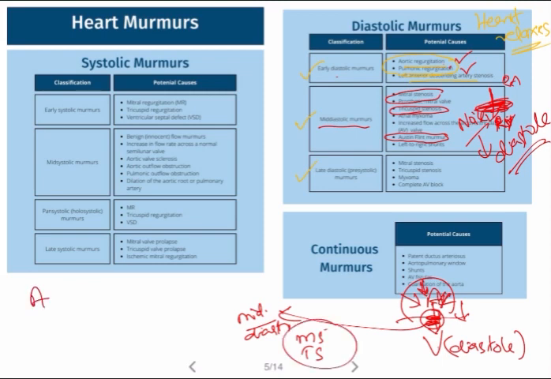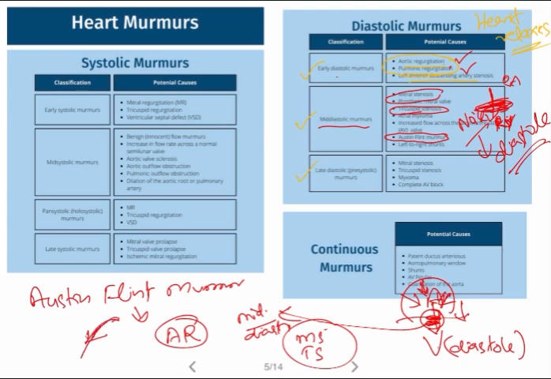Again, Austin-Flint murmur. This is a murmur usually seen in the case of aortic regurgitation. As you know, in aortic regurgitation the blood passes forward during systole, and whenever systole is completed, there is a regurgitation murmur, which is an early diastolic murmur, the backward flow of blood. This causes a flutter or vibration of the mitral leaflet, the atrioventricular valve of the left-sided chambers, causing a diastolic murmur.